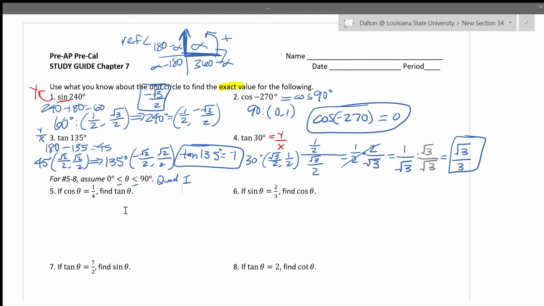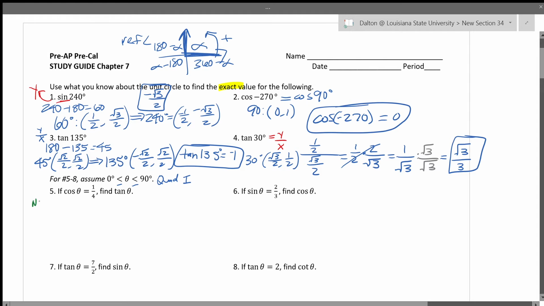So basically, I know that if I'm going to try to find tangent of something, I know tangent is sine over cosine, and I have the cosine, so the first thing I want to go find is sine. So if I try to find sine, I can use one of my Pythagorean identities, which says that sine squared theta plus cosine squared theta is equal to 1.